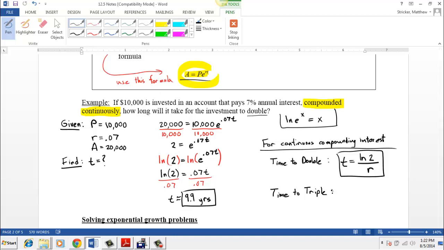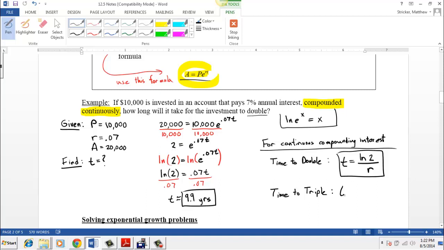In this case, the money started at 10,000 and grew to 20,000, but if it tripled, then it would grow to 30,000. So we'd have 10,000 equals 30,000, and then after our initial step of dividing both sides by 10,000, we'd have 30,000 divided by 10,000, which wouldn't be 2, it would be 3, of course.